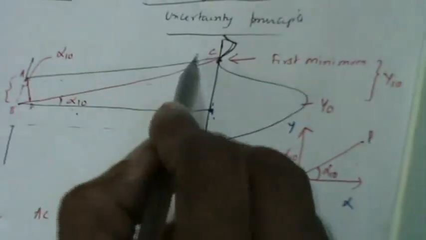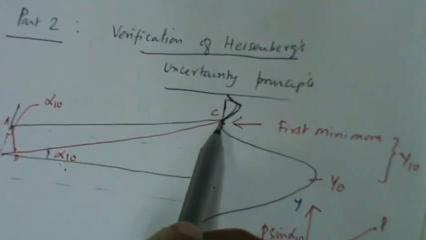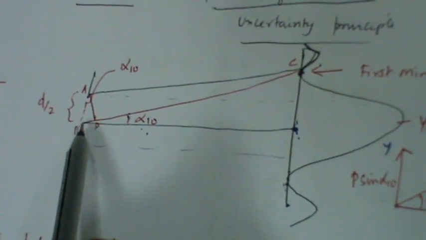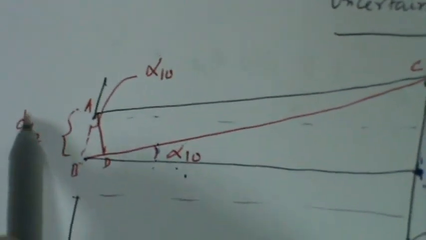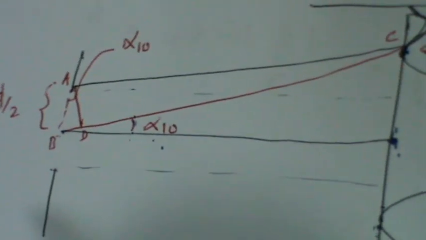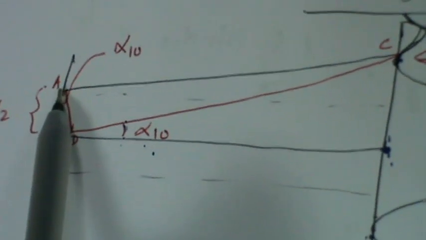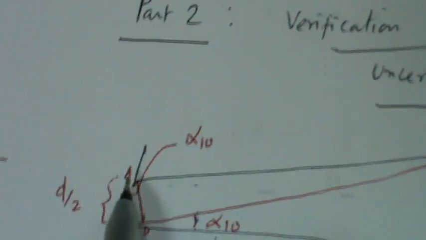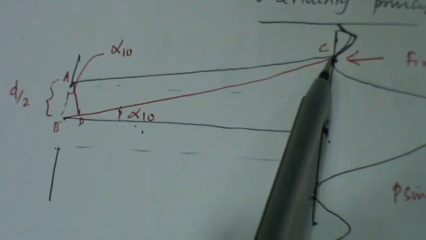So here if you look at the position of first minimum, this can be understood as follows. You consider the AD, which is half of the slit width, represented as d by 2. So the light rays which come from A, denoted as AC, and BC are approximately parallel.